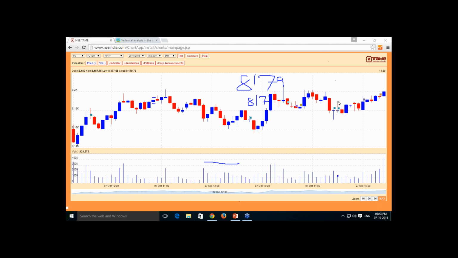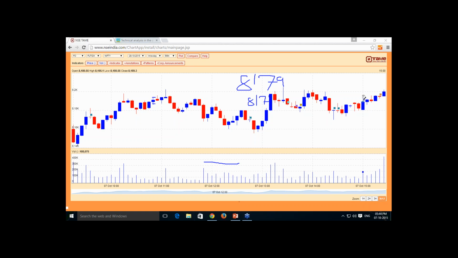And one more has formed here. Here also a doji star, and here a bullish engulfing has formed, and this could have given a great success. High was 8195, and the body is 15 points.